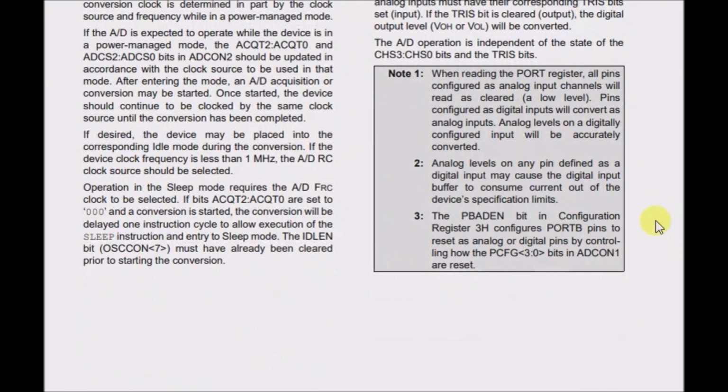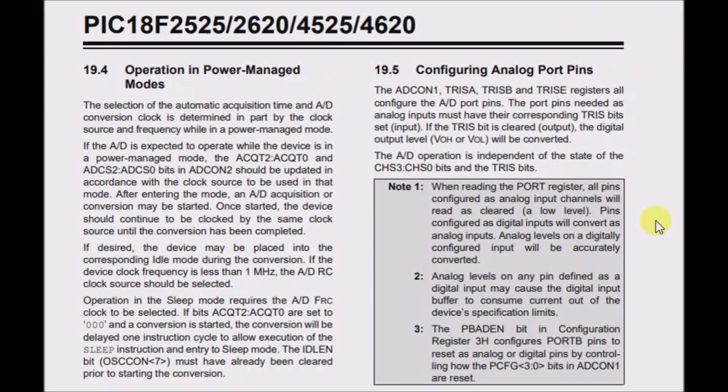This one's 230. Operation in power managed modes. 19.4. The selection of the automatic acquisition time and AD conversion clock is determined in part by the clock source and frequency while in a power managed mode.